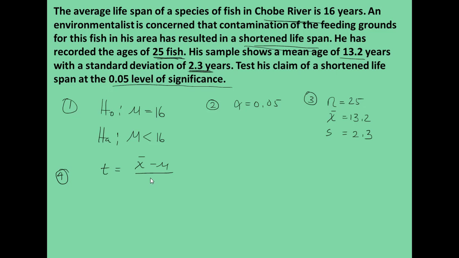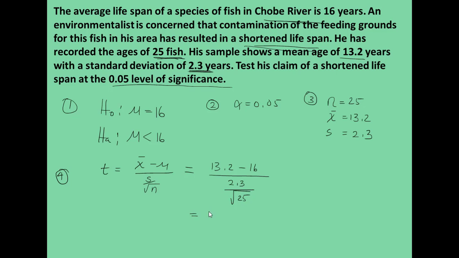We divide that by the standard deviation divided by the square root of the sample size. So this becomes, it's easy, 13.2 minus the population mean, which is 16, divided by 2.3, which is the standard deviation, over the square root of the sample size, which is 25.